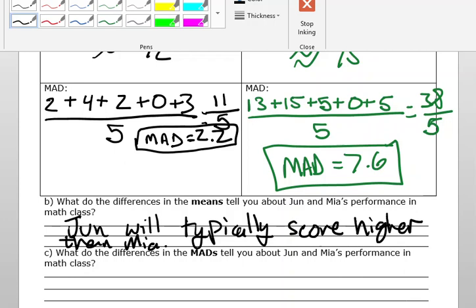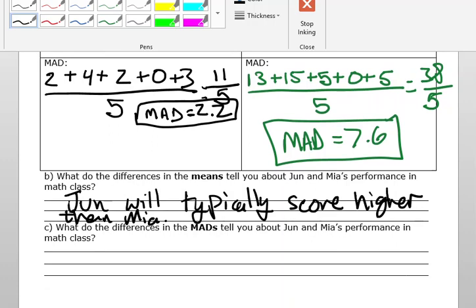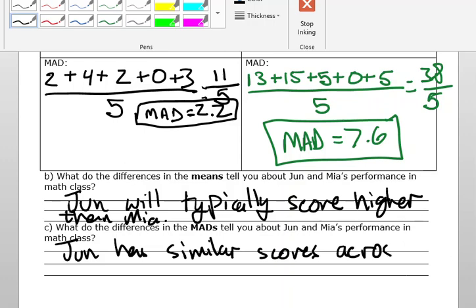And when I take a look at the mean absolute deviation, what does that tell me about June and Mia's performance? Well, because June has a mean absolute deviation of 0.2, and Mia has a mean absolute deviation of 7.6, we know that June has similar scores across all of his tests.